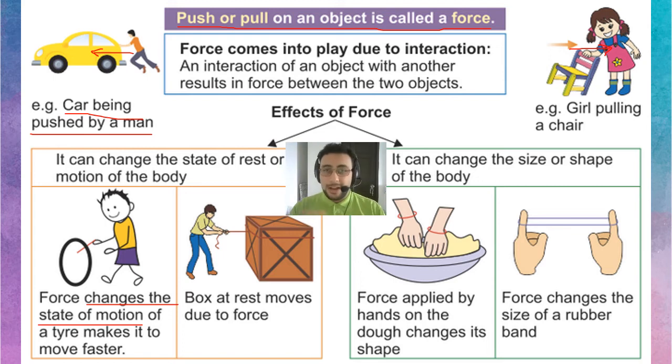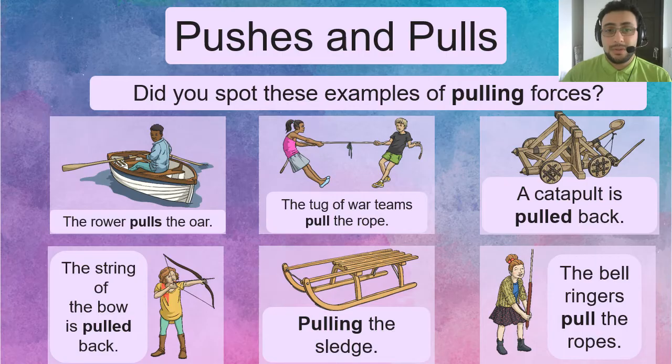Okay. Now, let's see some examples to make it clear for you. Pushes and pulls. Did you spot these examples of pulling forces? So, let's see some examples. The rower pulls the oar. You don't do like this. No, you pull it towards yourself.